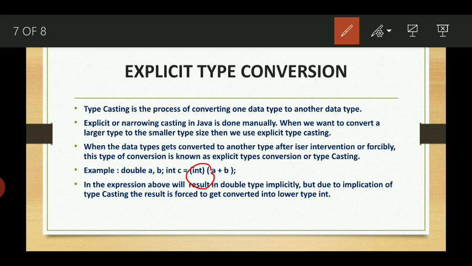This is the area where you are forcefully converting this, in the bracket that you are writing int. This is the thing that you are converting forcefully, a plus b, which is of double type, you are converting it to integer type. This type of conversion is known as explicit type conversion, or the other name is typecasting.